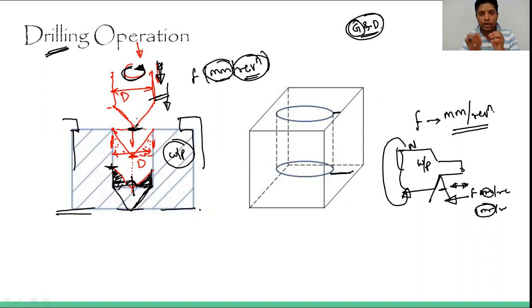Okay, अगर जब तक आपका रोटेशन नहीं होगा तब तक आपका मटेरियल रिमूव नहीं होगा. इसका मतलब for the cutting purpose we need this circular motion. So this is nothing but the generatrix.